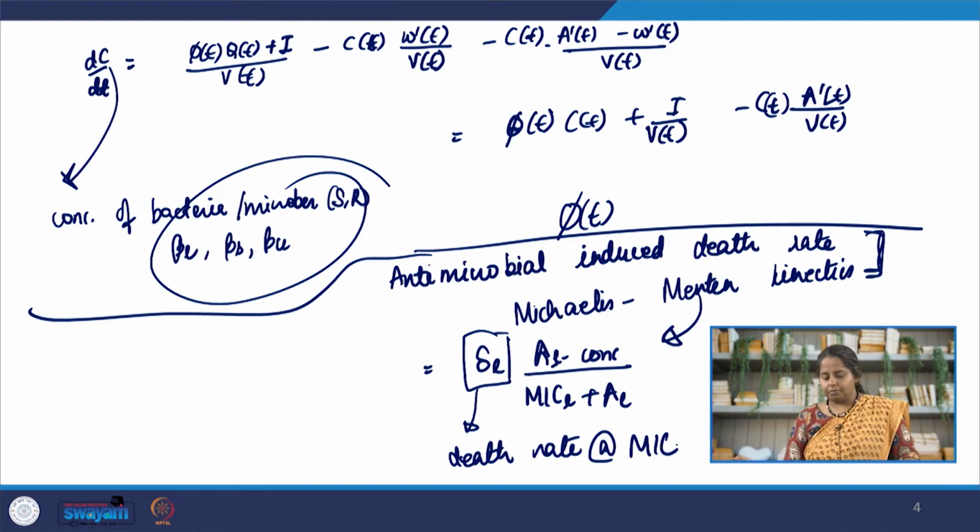MIC is minimum inhibitory concentration. It is the minimum concentration of antimicrobial that is required to kill a sensitive bacteria. So, MIC L is for this particular bacteriolytic antimicrobial. So, we have three categories of antimicrobials, remember, bacteriolytic.